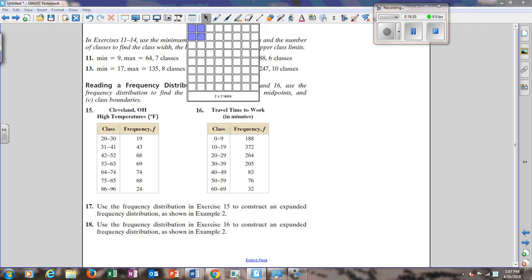So I'm going to have a chart that has one, two, three, four, five columns.